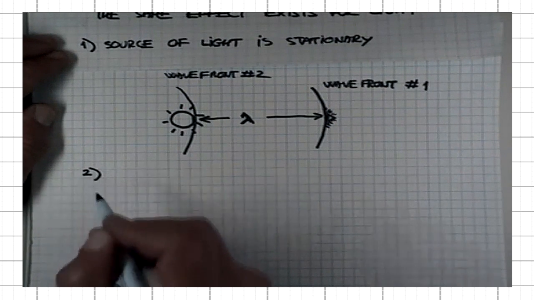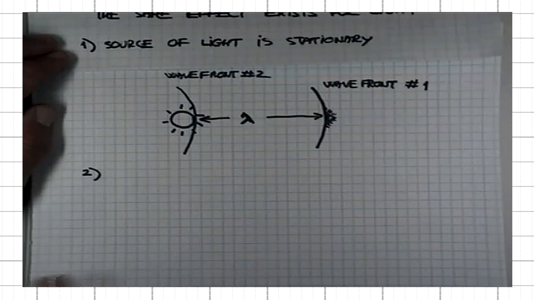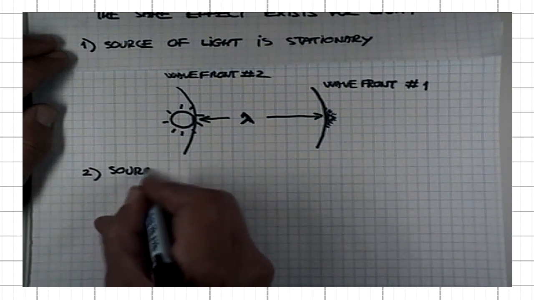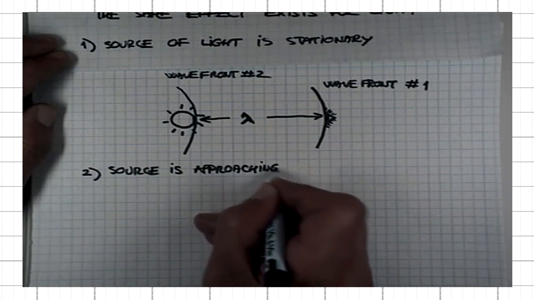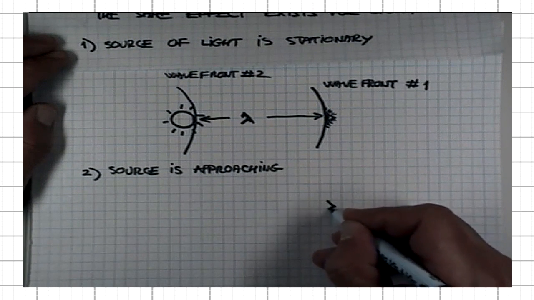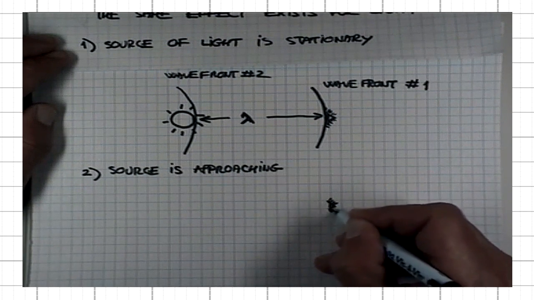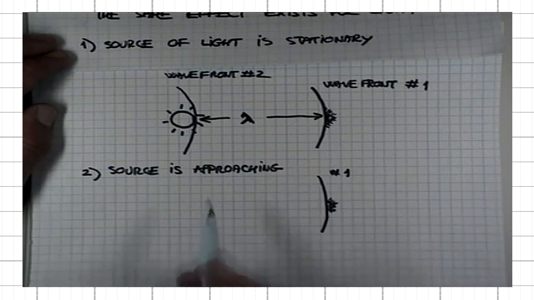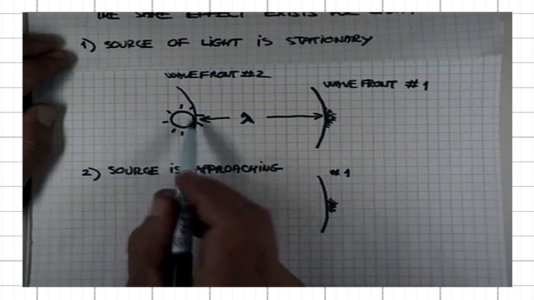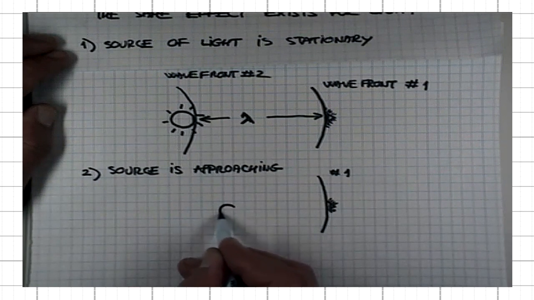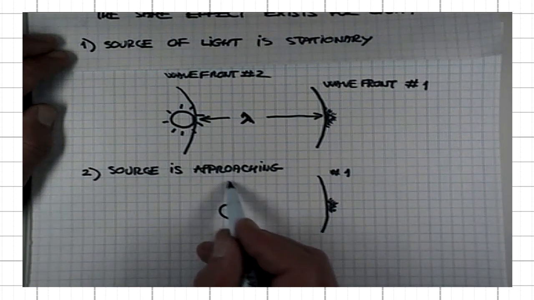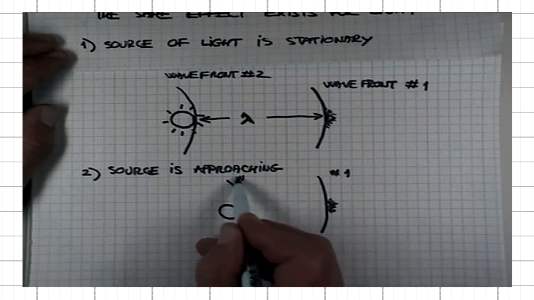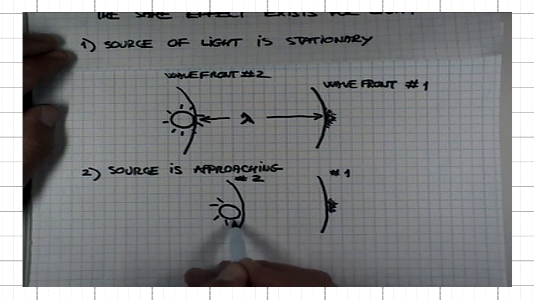Now, if the source of light is approaching you, then okay, let's take the moment when the wavefront number 1 hits your eye here, right? Same as before. But now, because the light source is moving towards you, when it emits the wavefront number 2, it is closer to you.